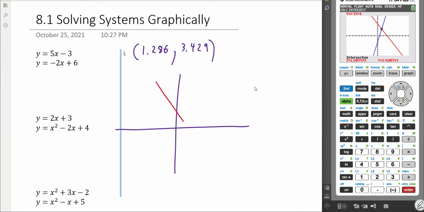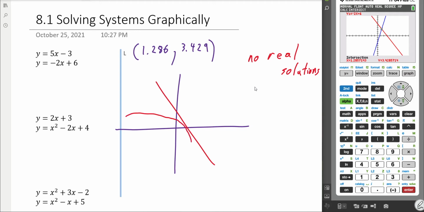But if you have two lines that are exactly parallel, then they'll never intersect, and you'll never have any solutions. So then you'd say no real solutions if they never intersect. This can also hold true for a linear and a quadratic, where you can have literally only one solution.